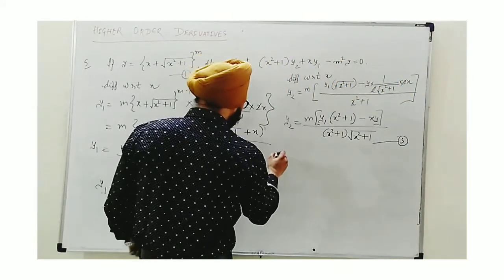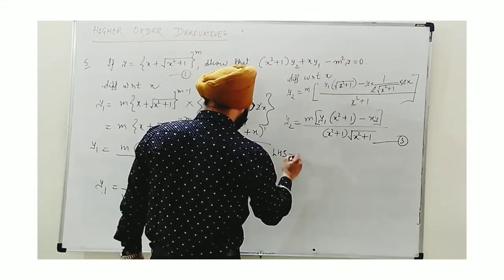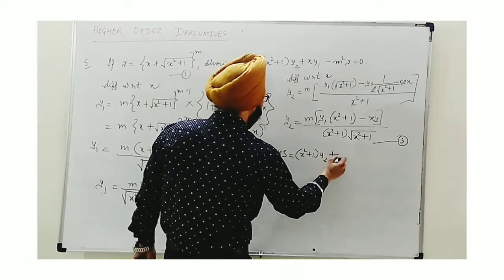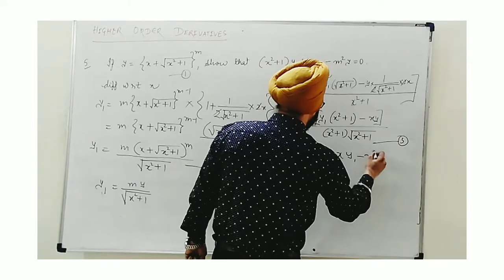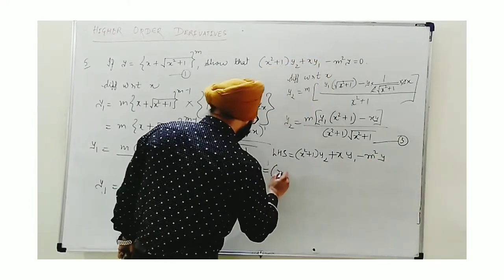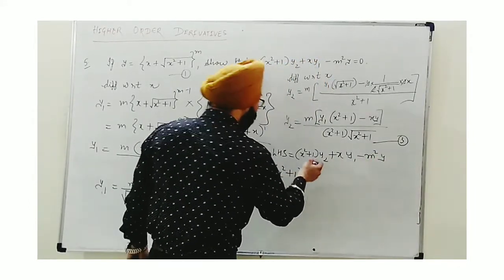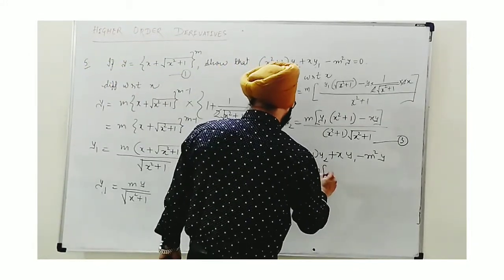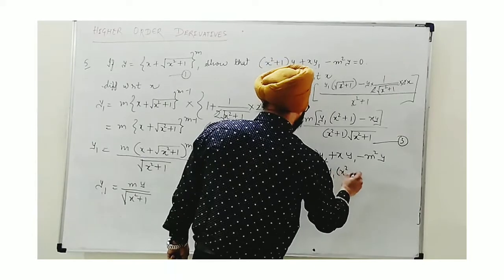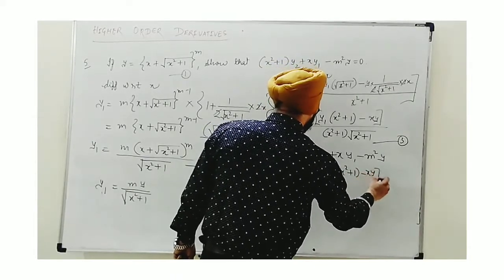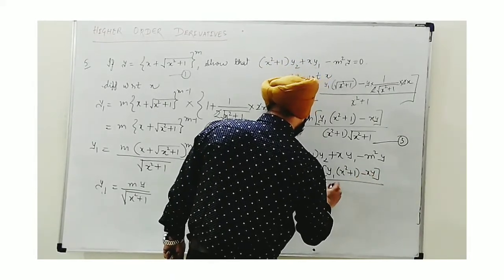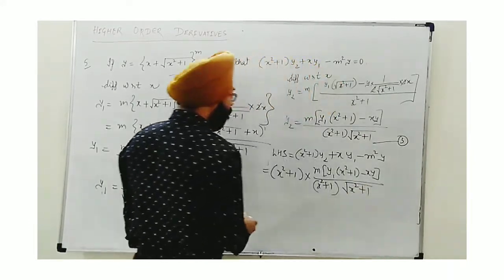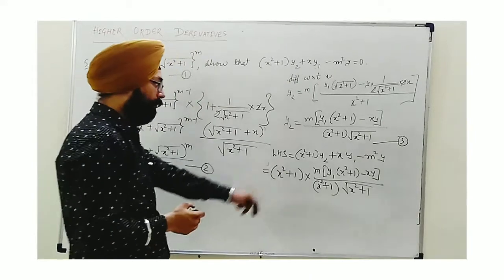If I take LHS, it is given (x² + 1) y2 + x y1 − m² y. So I put the value of y2 that I have taken: m y1 (x² + 1) − xy upon (x² + 1)√(x² + 1).